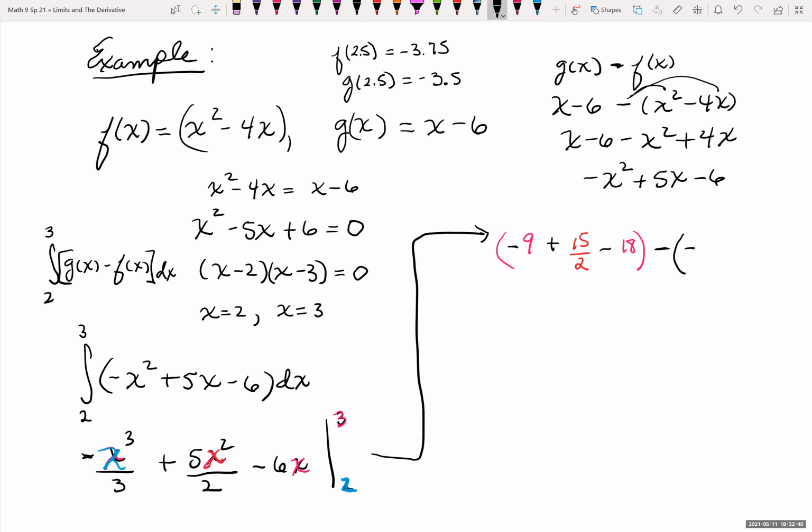So I have negative 8/3 plus, so squaring my 2, that's 4, times 5 is 20, and 20 divided by that 2 just gives us a 10. Minus, plug in 2 for x, we have 6 times 2, so that is minus 12.